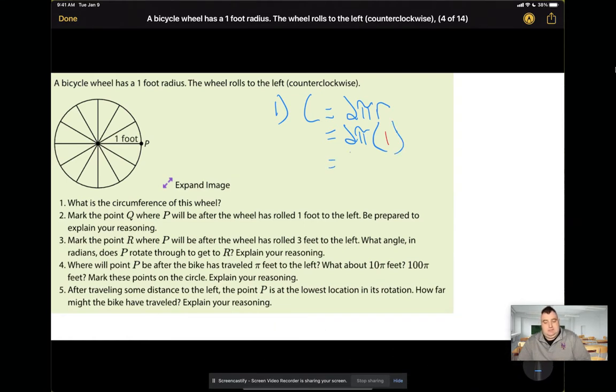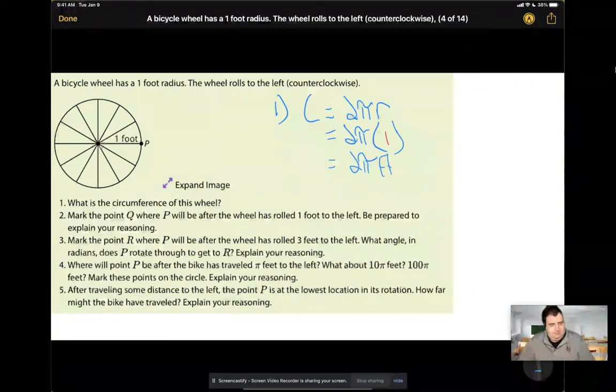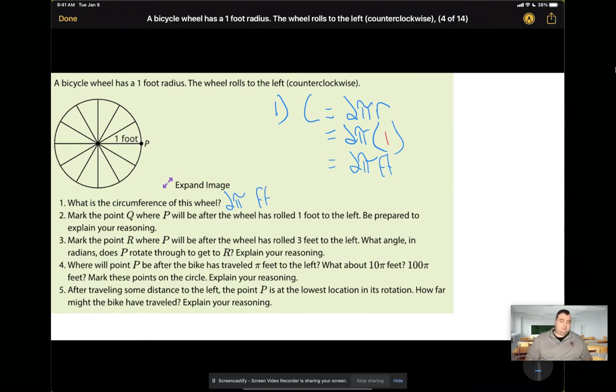So the circumference is going to be 2 pi feet. So what is the circumference of this wheel? 2 pi feet.